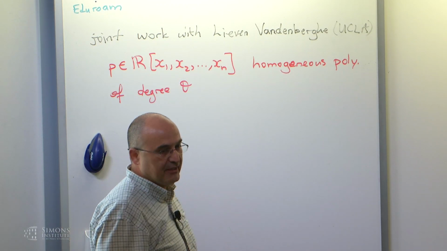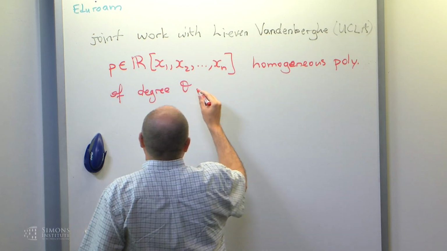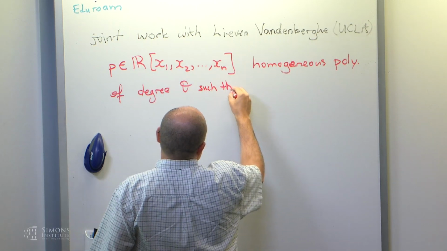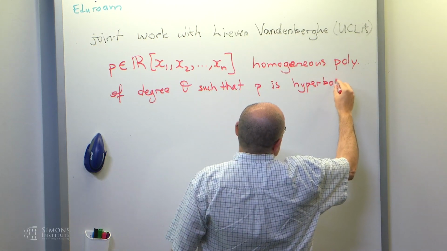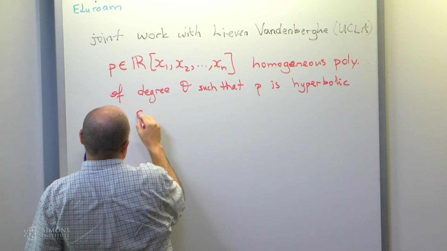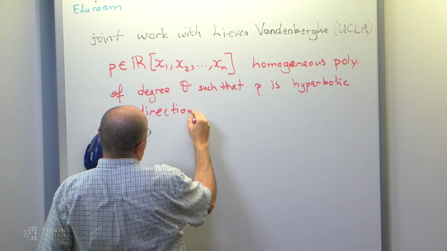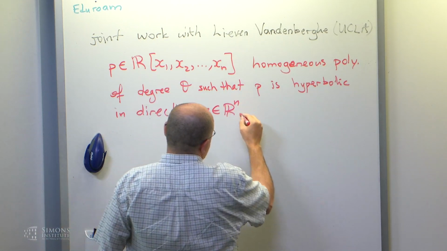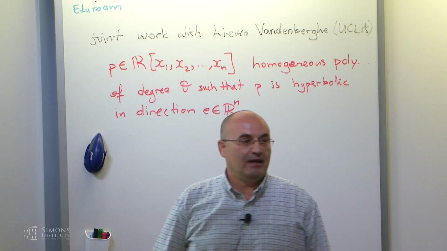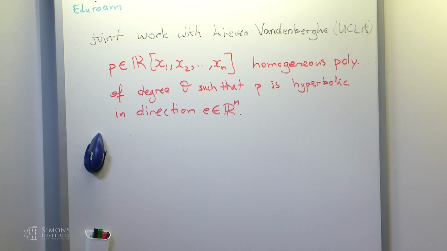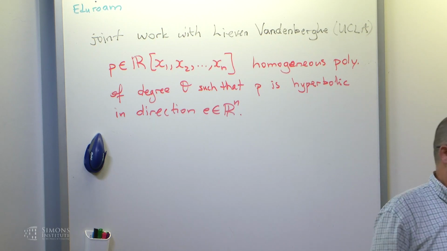So I have n variables, degree is theta, such that P is hyperbolic in direction E. And this is precisely to the point of P(E) being positive, the same definition that James used. Okay, so I mean that P(E) is positive, and when you look at the scalar polynomial P(x plus x minus lambda E), all the theta roots are real.